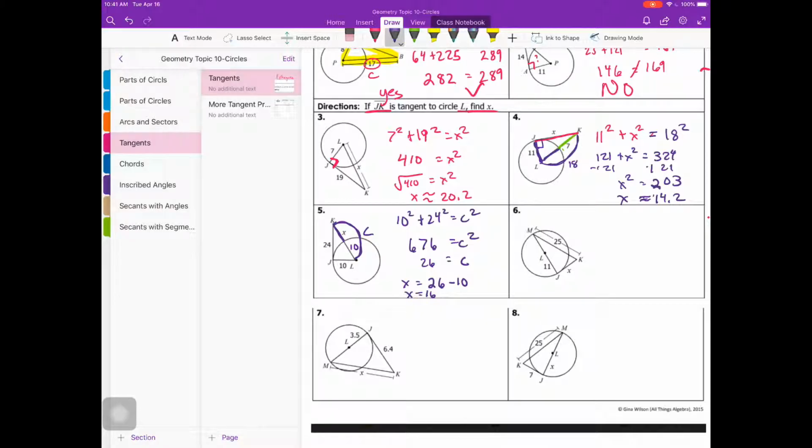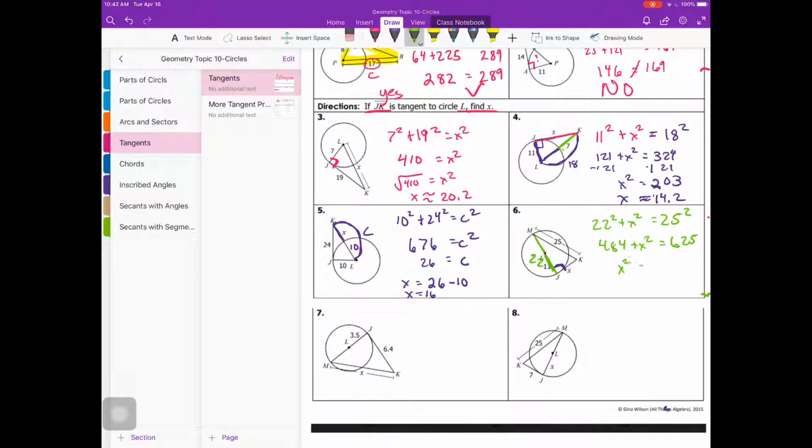All right, here we have our point of tangency again. And if this is 11, then this is also 11, which makes this leg 22. So we get 22 squared plus x squared equals 25 squared. 484 plus x squared equals 625.